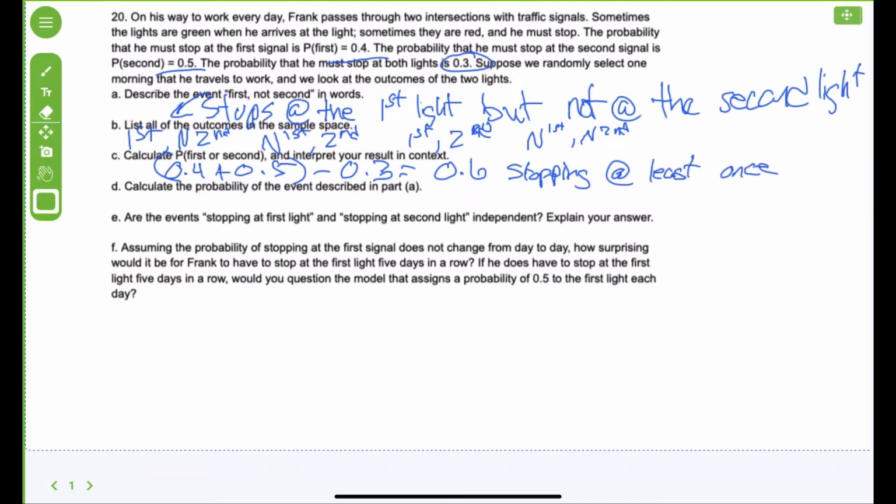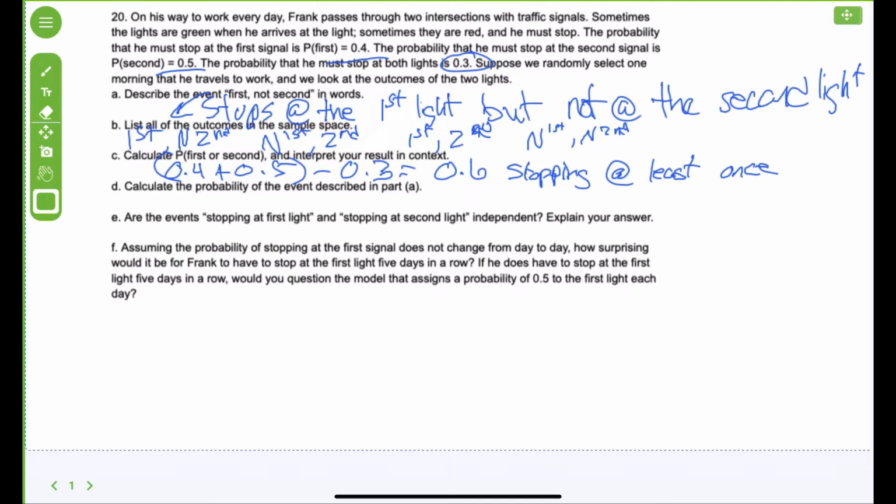Okay? Now it says calculate the probability of the event described in Part A. Part A was the first, but not the second. So to do that, I think what I would want to do is draw a Venn diagram.